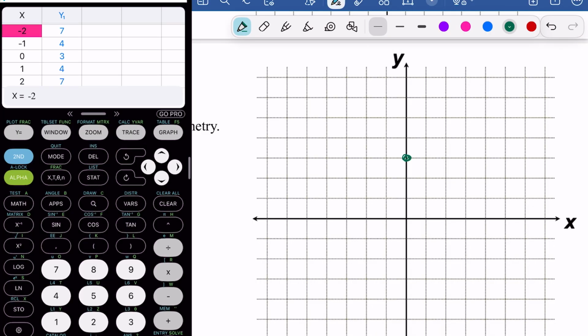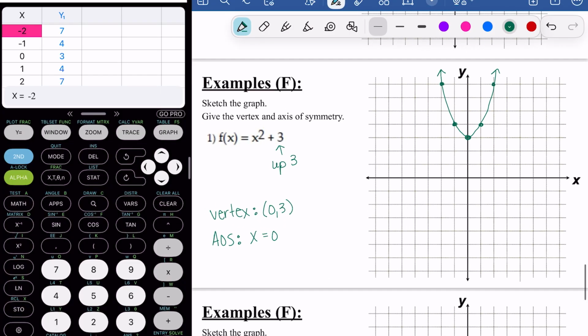So negative 1, 4 would be a good one. Negative 1, 4, 1, 4, maybe negative 2, 7, and 2, 7. And so then I could connect these in a nice smooth curve, add arrows on the end, and you have your parabola.